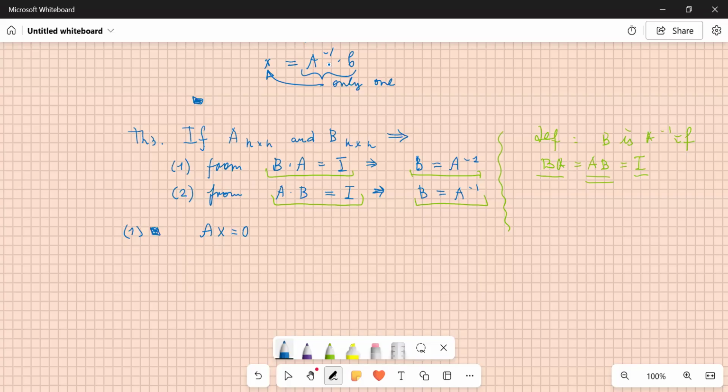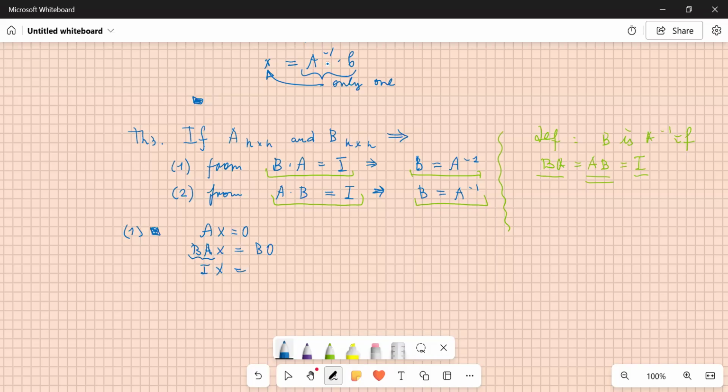Now, guys, what I'm going to do with this homogeneous equation is multiply it on both left and right side by B. So I'm going to do B, A, X, and here B, 0. Now, what is BA? According to my statement number one, part of the assumption, BA is identity. What is B0?